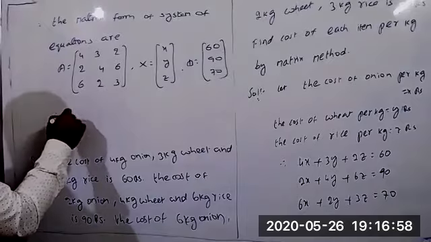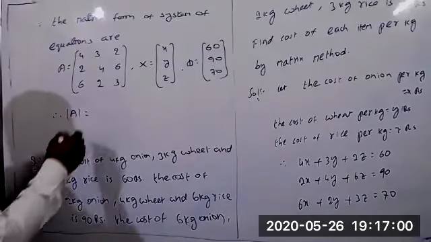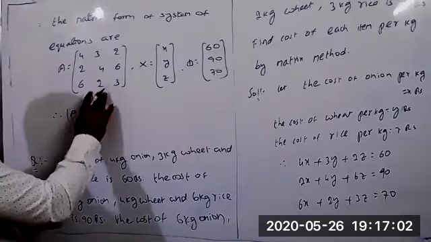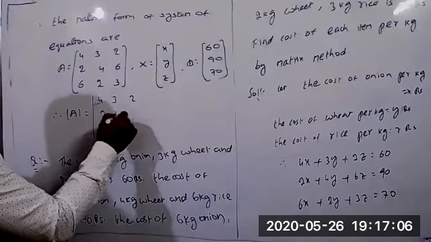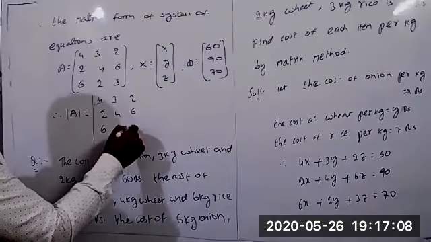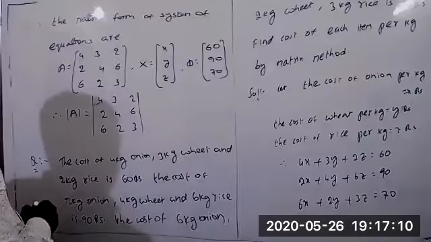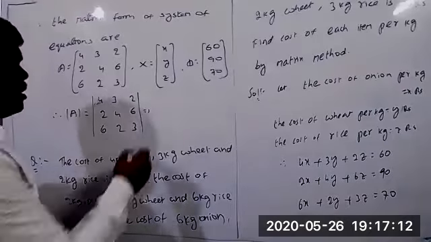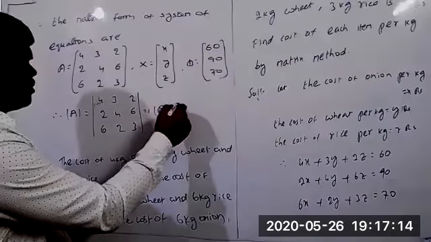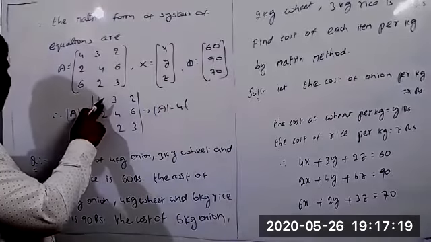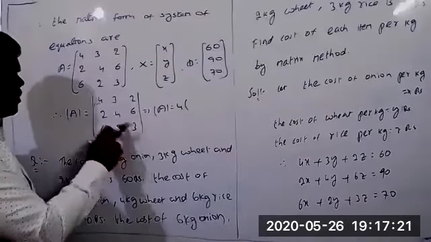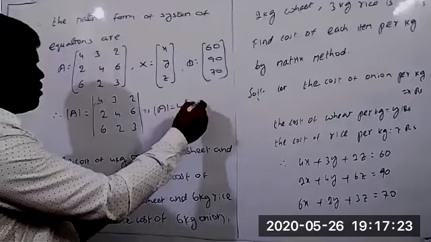First, you can find the determinant of A immediately. Determinant of A equals the determinant of 4, 3, 2, 2, 4, 6, 6, 2, 3. So determinant of A equals 4 into, deleting the first row and first column, 4 times 3 is 12, minus 12.